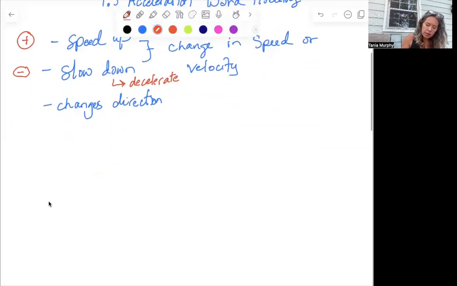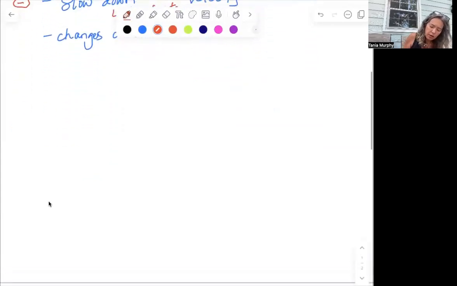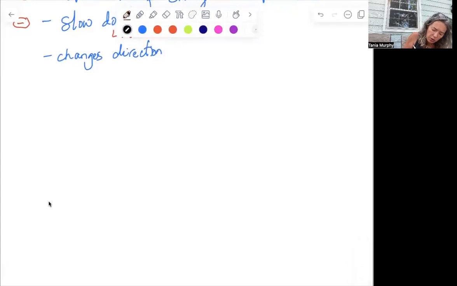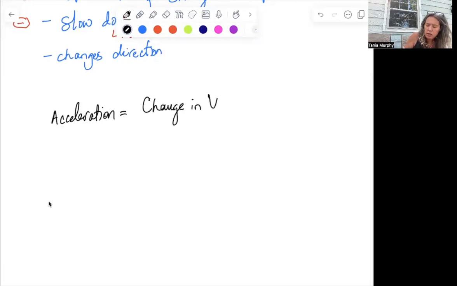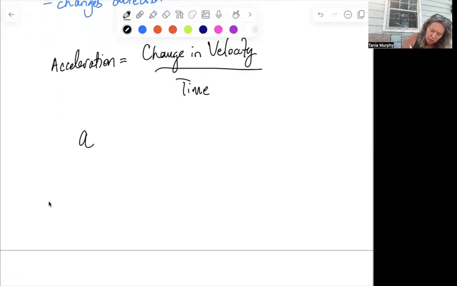Okay, so there is an equation for calculating acceleration. We know that acceleration equals change in velocity over time. All right, we can put some symbols with that. Acceleration equals delta. Yes, that's a triangle. This triangle is referred to as delta.